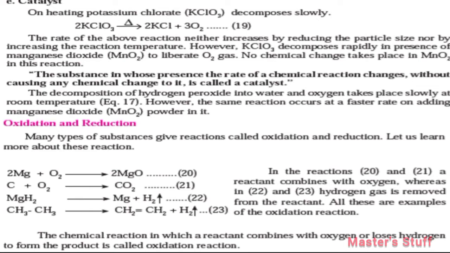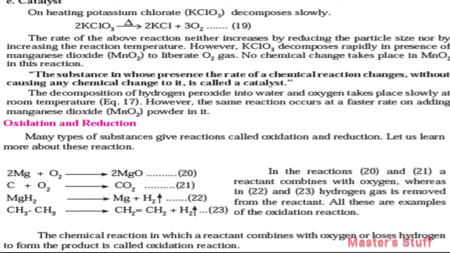Catalyst may or may not be required during the reaction. It depends on that particular chemical reaction. But in the reaction in which catalyst is required, it plays a very important role to speed up the process of that reaction. These were the 5 factors affecting the rate of the chemical reaction.